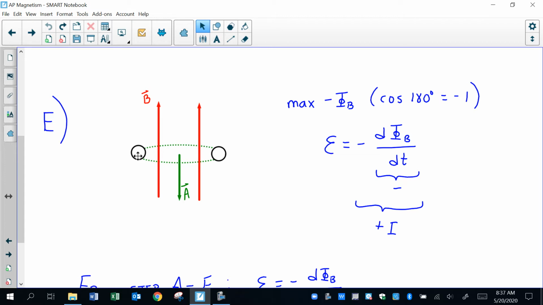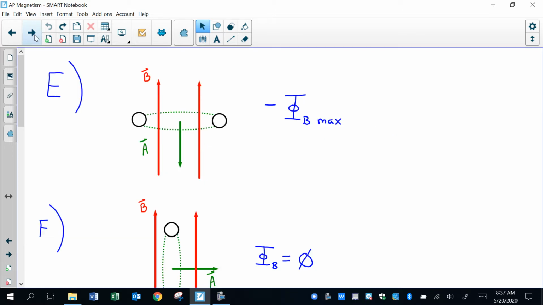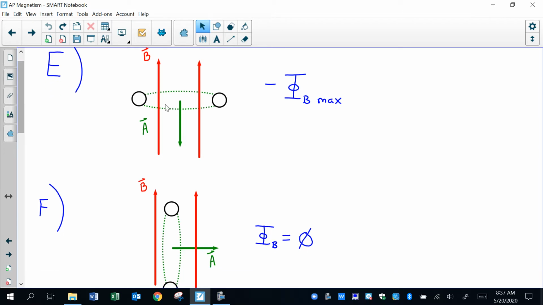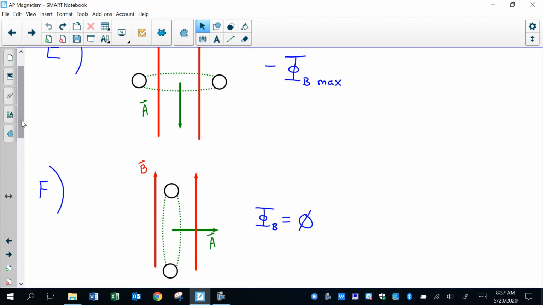Now we continue rotating with our, again, our external mechanical force. We get to F. Now I don't need to go through every 45 degrees, I think. I think we can now see what's going to happen. So as I continue rotating counterclockwise, I have maximum negative flux, and that flux has changed to 0. While the magnitude is decreasing, I am going from a negative value to a 0 value. That is a positive change.